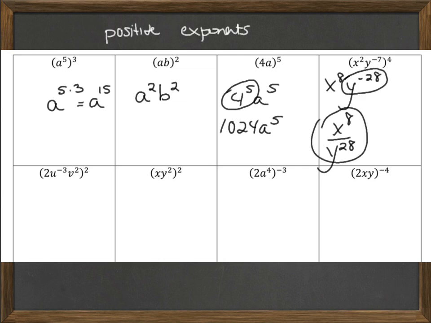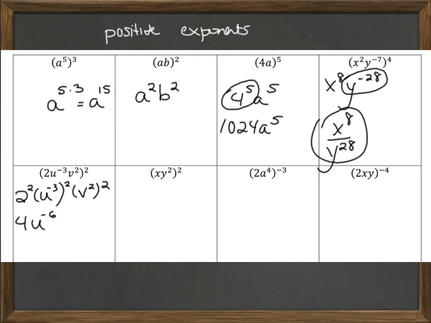Okay, so now we have 2u to the negative third v squared quantity squared. So everything is going to get raised to the second power. So we have 2 squared, u to the negative third quantity squared, v squared quantity squared. So that's going to give us 4, and then u to the negative third squared. Remember, the power rule tells us to multiply our exponents.